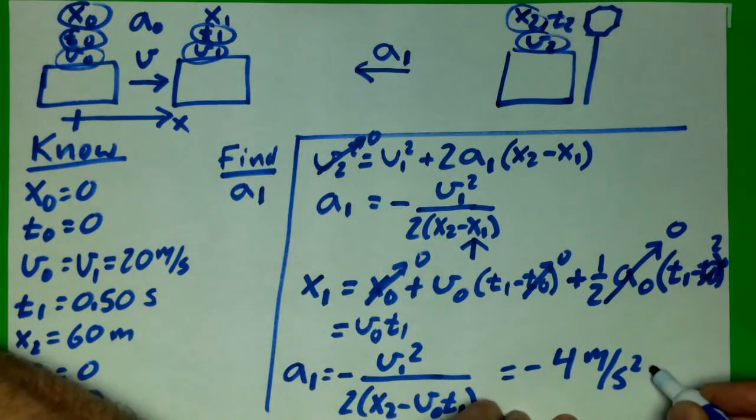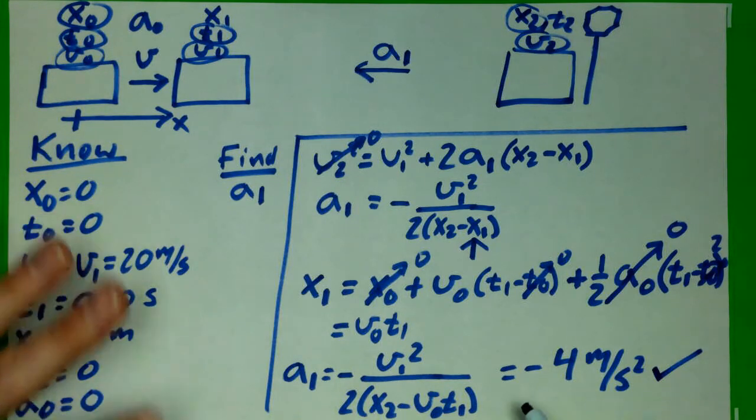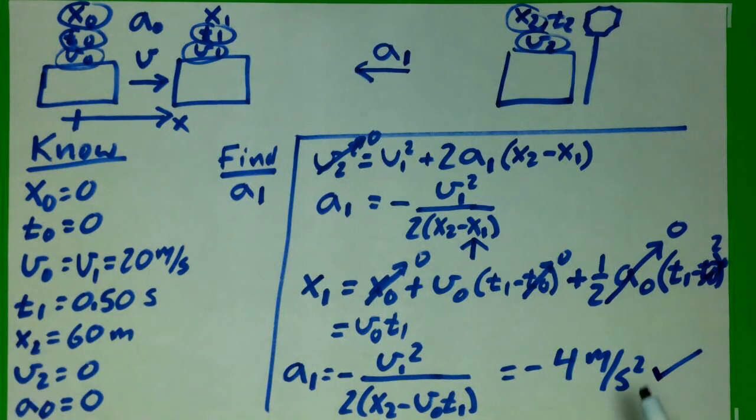So I could put a check indicating that I have verbally here and in my mind thought about the reasonableness of this answer. And if it's a homework problem, you should always write out your reasoning of why that number seems reasonable. Doing this assessment catches me all the time.